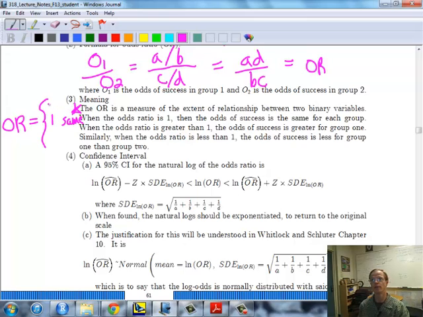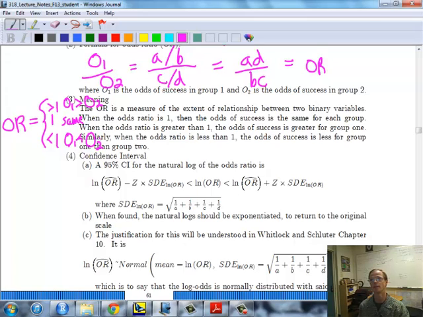On the other hand, if the odds ratio is greater than 1, then the odds of group 1 are greater than the odds of group 2. And if the odds ratio is less than 1, then the odds in group 1 are less than the odds in group 2.